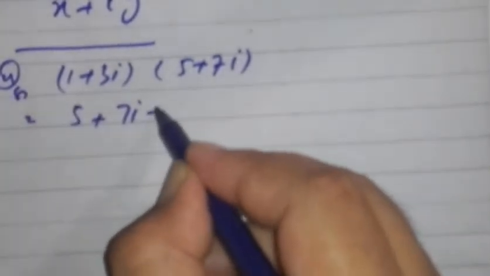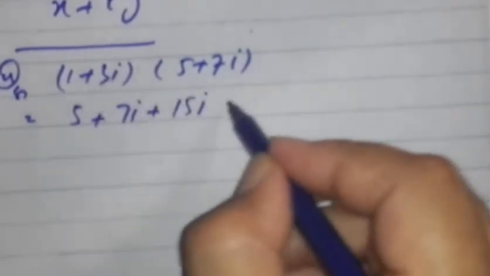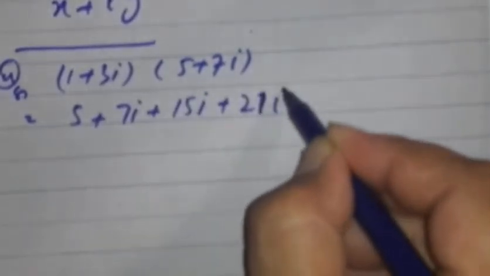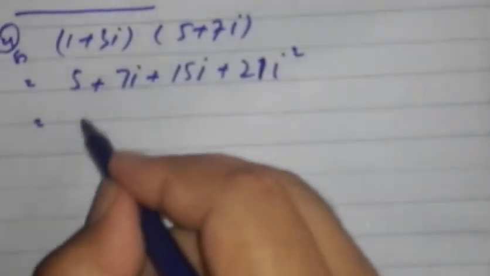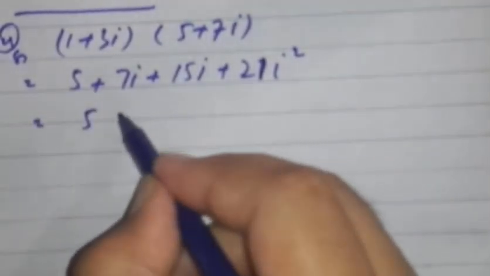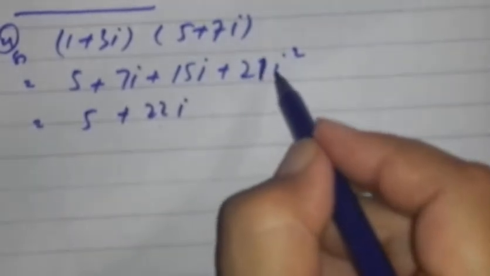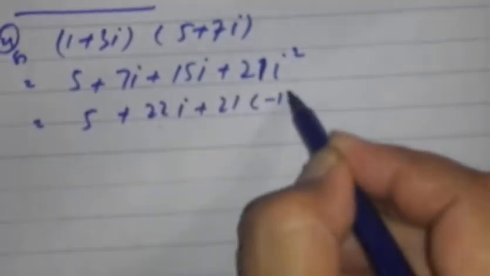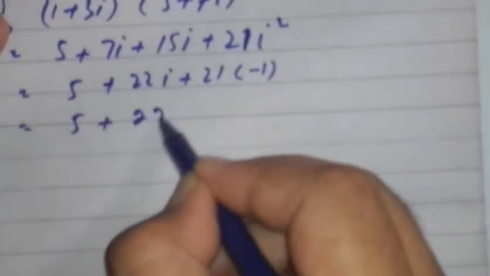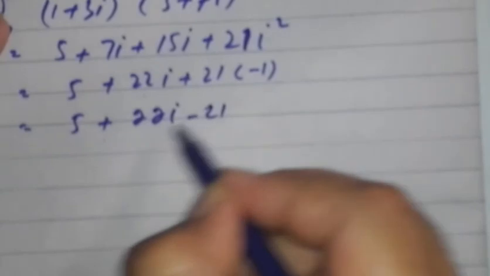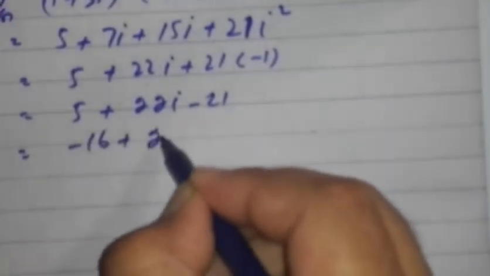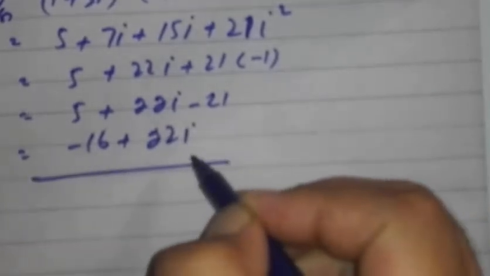Solution, 1 into 5 we get 5, 1 into 7 we get 7 iota, 3 into 5 we get 15 iota, 3 7s are 21 iota square. 7 plus 15 we get 22 iota, and here iota square value is minus 1, so we can write 5 plus 22 iota minus 21.